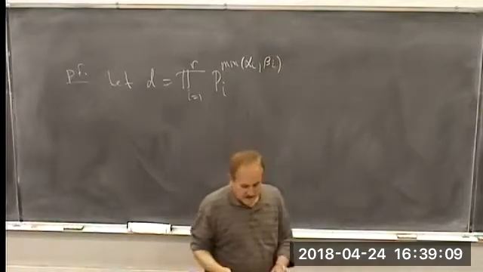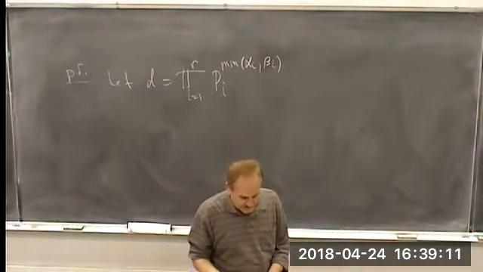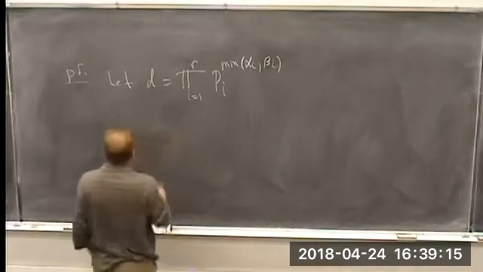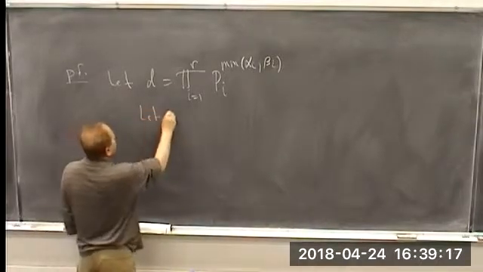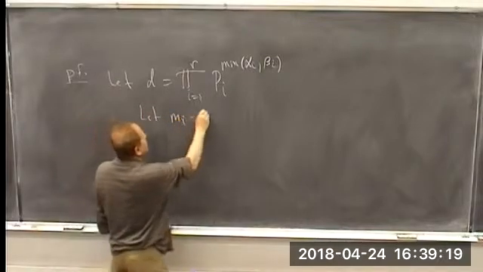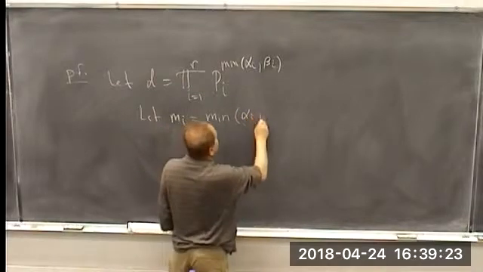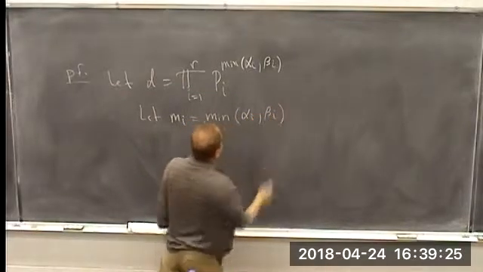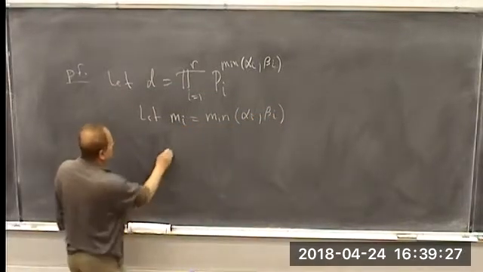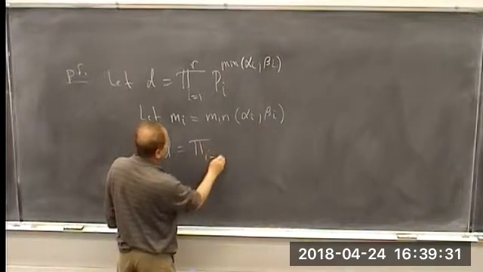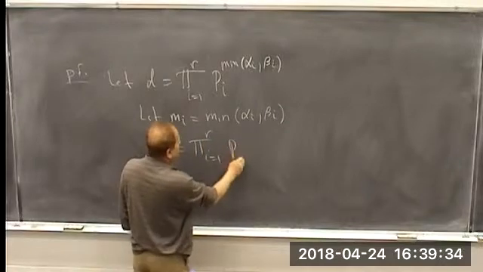All right, now let's see why this one, and also we're going to let m_i equal the minimum of alpha_i, beta_i. So with this notation, D becomes equal to the product of p_i^m_i.